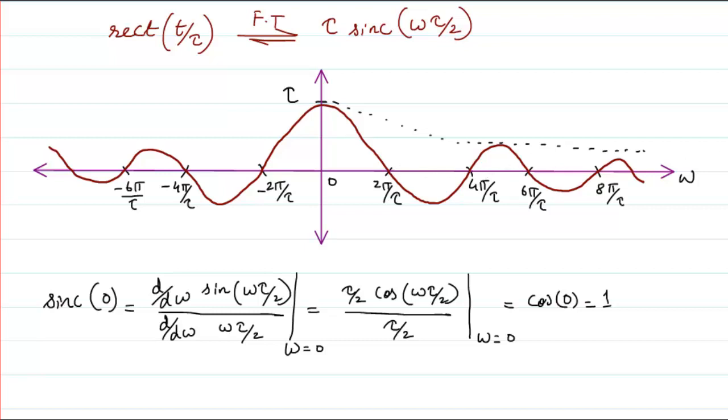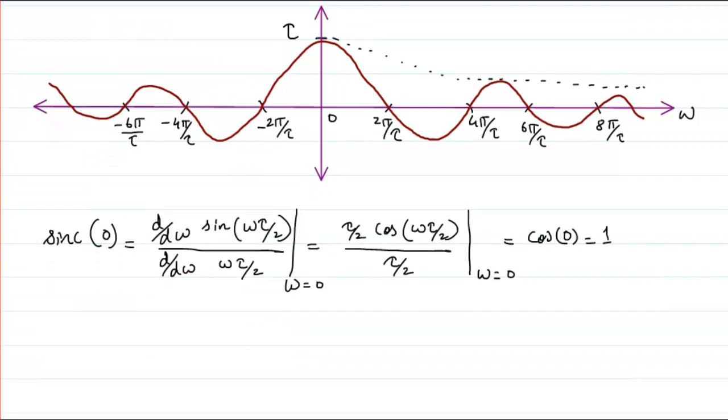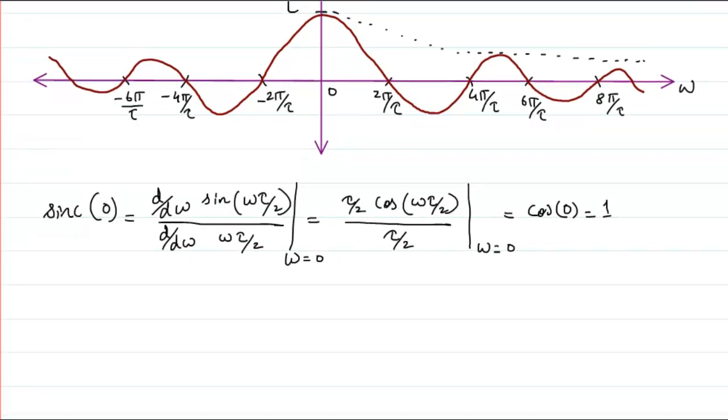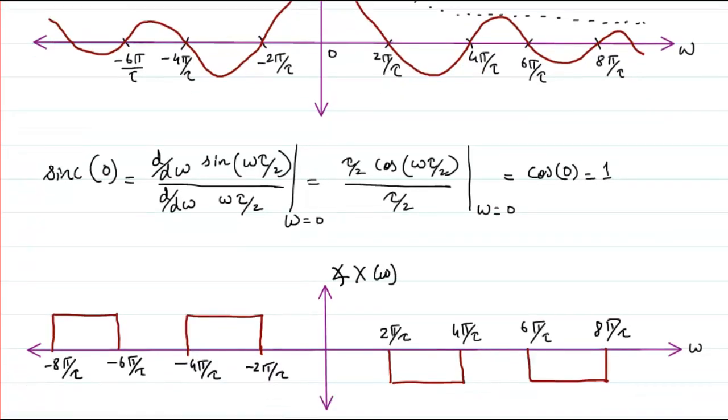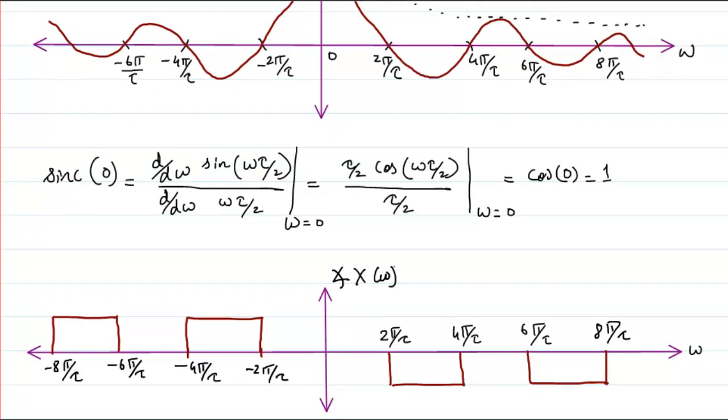Similarly, the phase angle will be drawn just like what we have drawn here. As you can see, from 2 pi by tau to 4 pi by tau it will be some negative phase, and similarly in the negative axis it will be all positive phase.